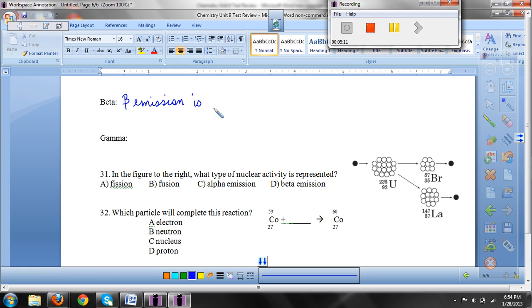Is the emission of fast-moving electrons, so it's high energy. Okay, those fast-moving electrons, we give it the symbol to show that it's 0, -1, or some people write it as 0, -1, beta.